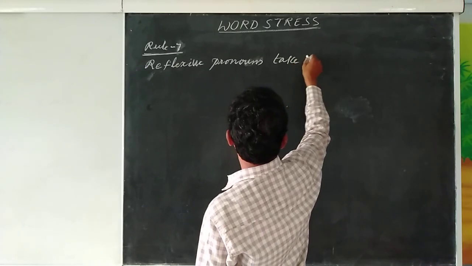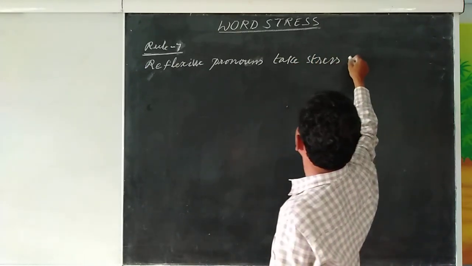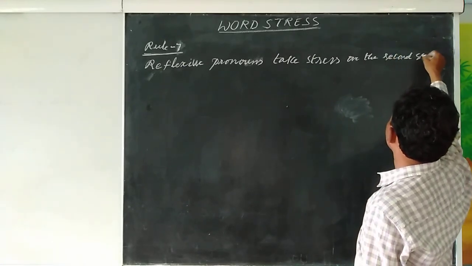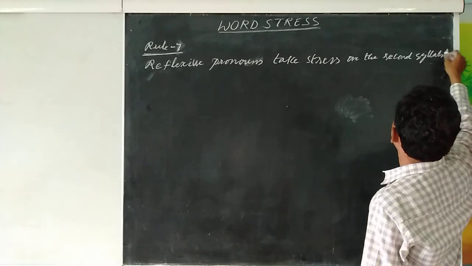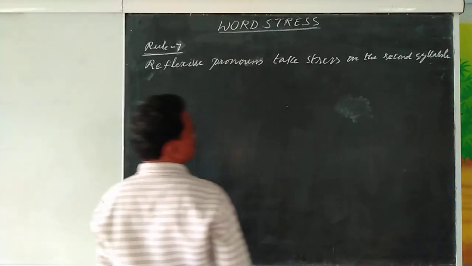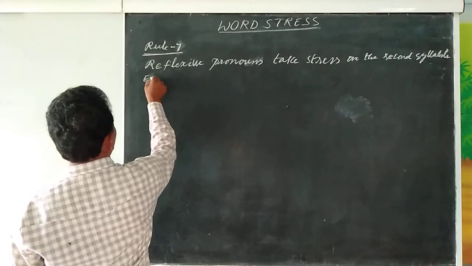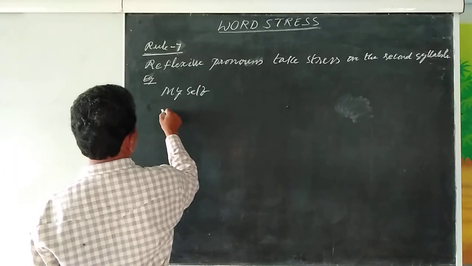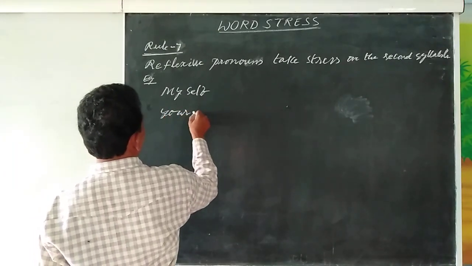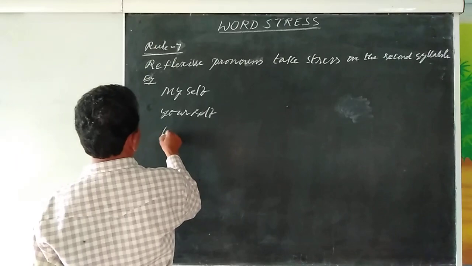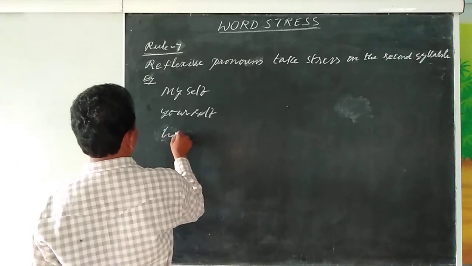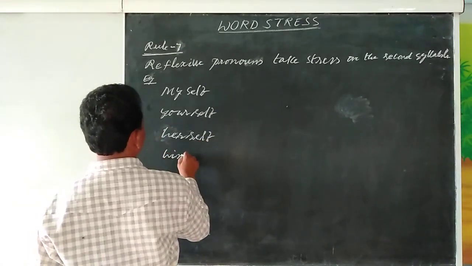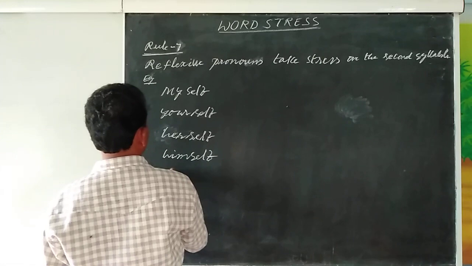The rule is: reflexive pronouns take the stress on the second syllable. Example: myself, yourself, herself, himself, itself.